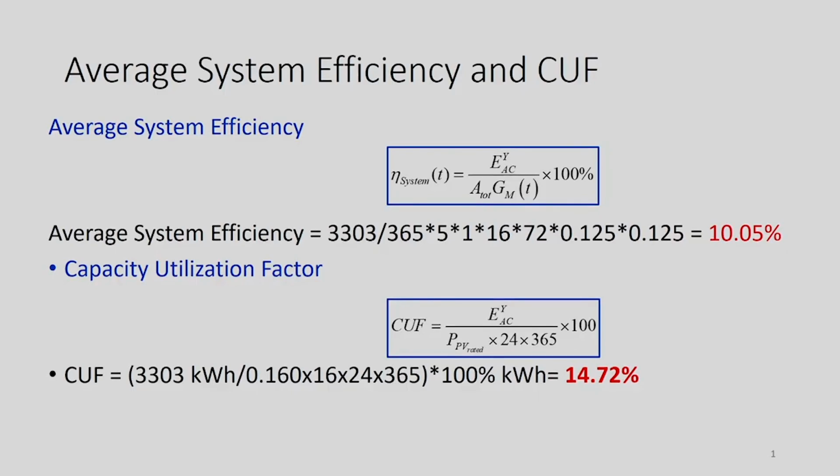Now, we will calculate average system efficiency and capacity utilization factor. So, how can we calculate average system efficiency? This is the expression by which we can calculate this efficiency. E system, the yearly energy yield in the AC side, we have already calculated, and we know the area of the panel, and GM is the amount of solar radiation received by the panel.